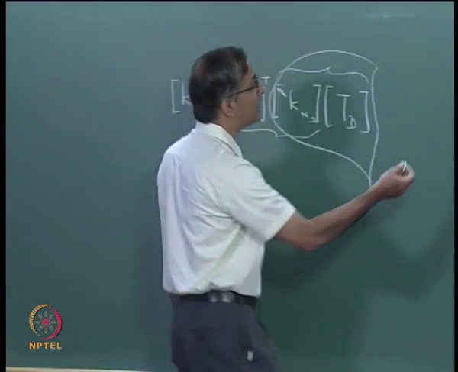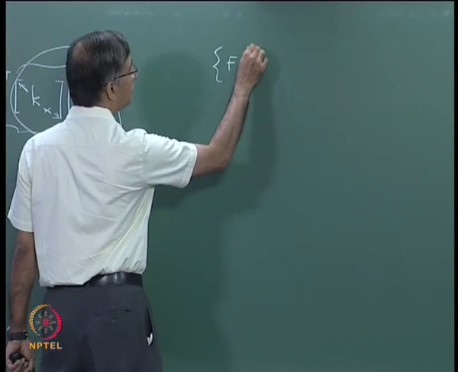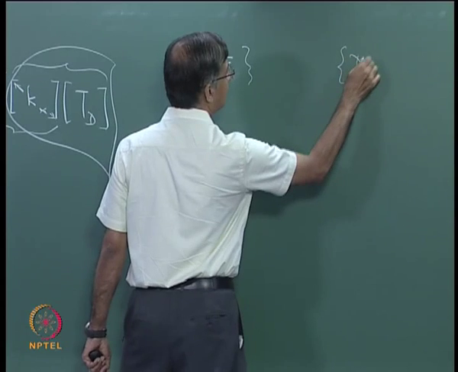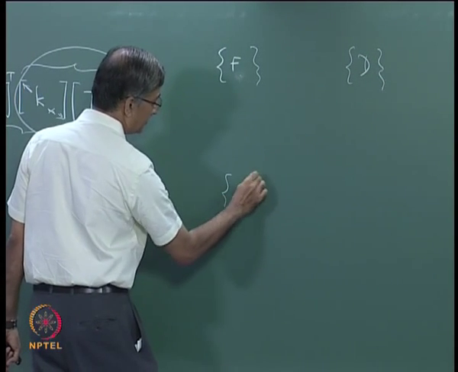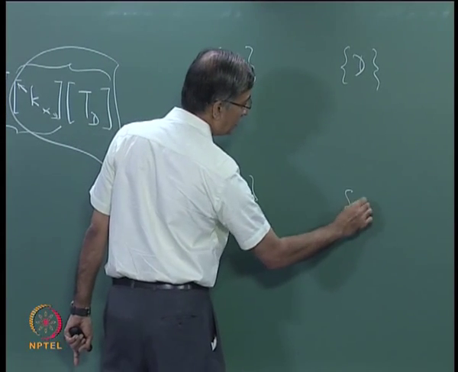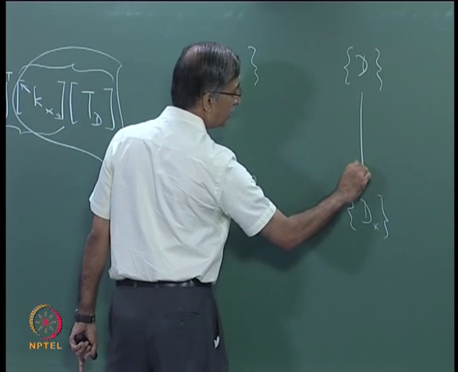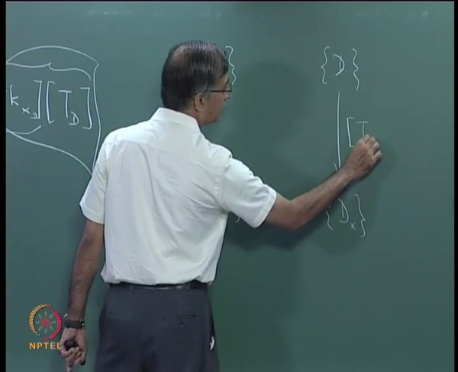How does it happen? Well, if you look at the big picture, you have the structure, you have F star, you have F and you have D, and you've got F star and you've got D star. This transformation is given by what matrix? TD.